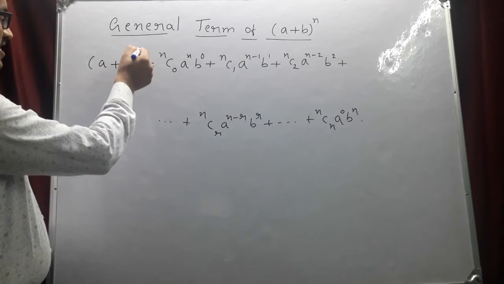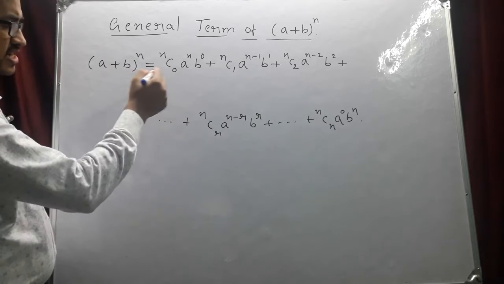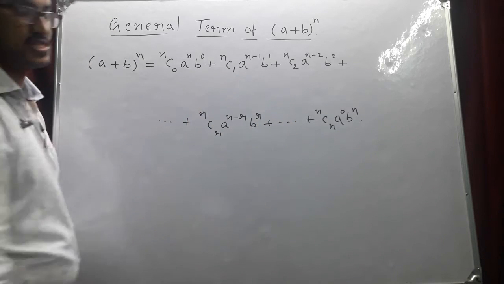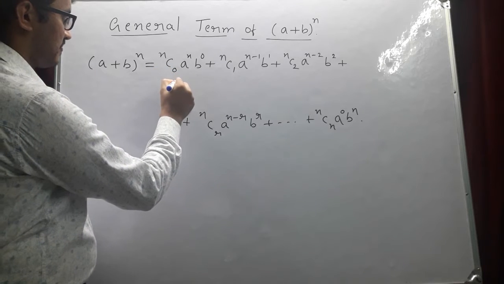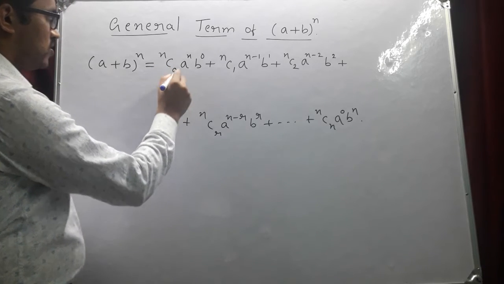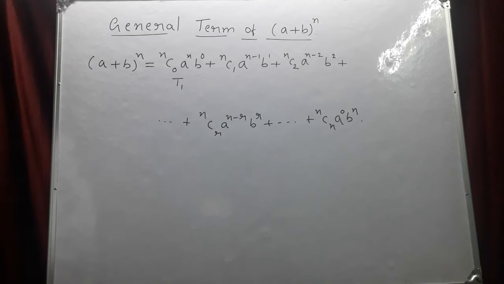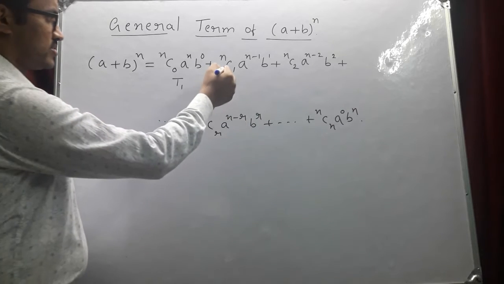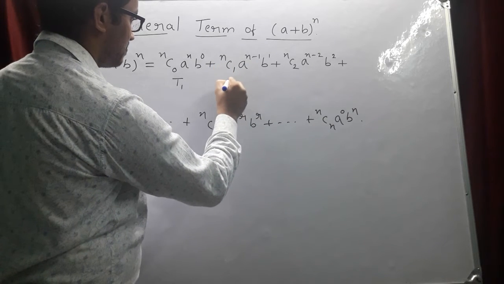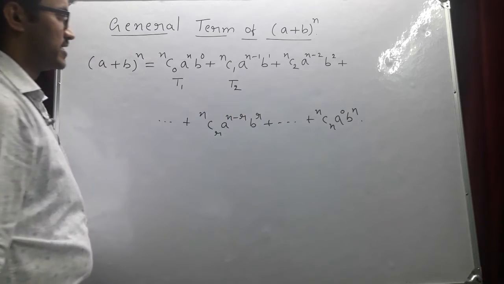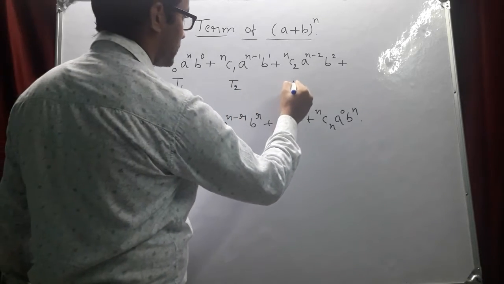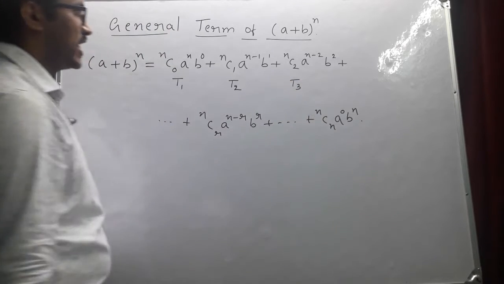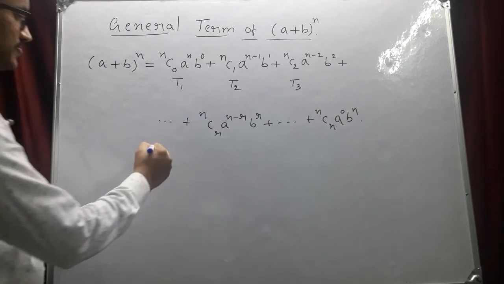We have seen that if the index is n, the number of terms is n + 1. Consider this as the first term, denoted t1. The second term is t2, the third term t3, and so on.